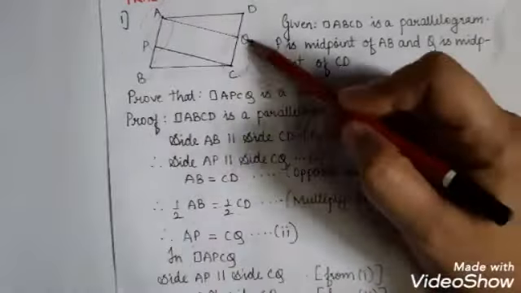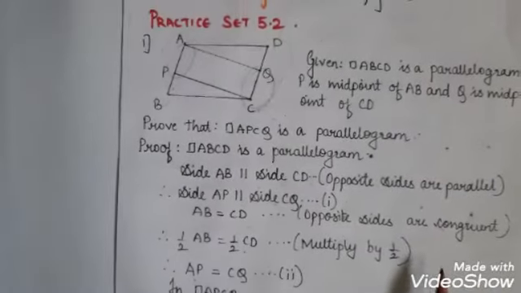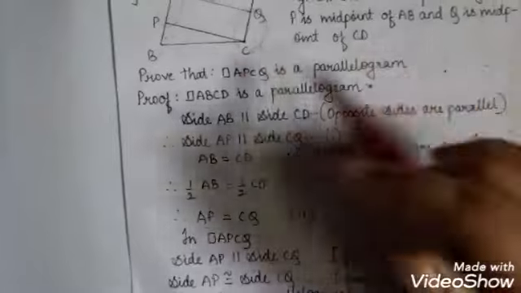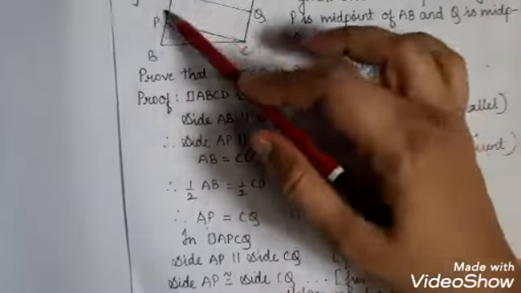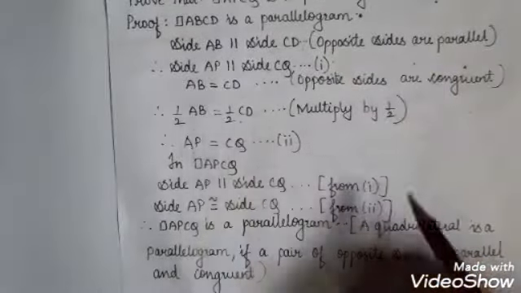Next, you take APCQ. In the given quadrilateral APCQ, AP is parallel to CQ, that we already got here. And AP is equal to CQ, I got it from 2.